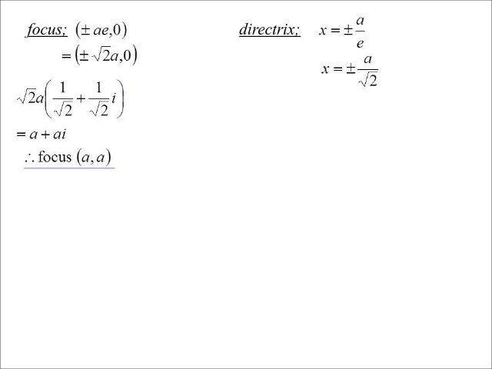The directrix. This one's a little bit trickier because now we're talking about a line rather than a point. Originally we had the line x equals plus or minus a on e. And we're going to rotate it 45 degrees. Again, we know the eccentricity is the square root of 2, so I can make that a on the square root of 2. The directrices start off parallel to the y-axis. I'm going to rotate it, and it's still got to be parallel.